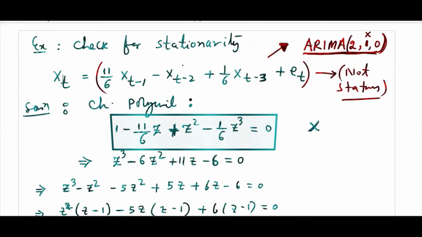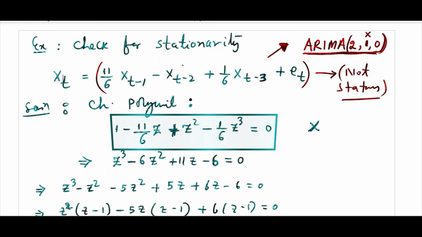I'm saying that if a series, an autoregressive series of any order, even after multiple differencing doesn't become stationary, even after trying 10, 11, 15, 20 times, in that case we can't call it ARIMA 5, comma 2, comma 0.